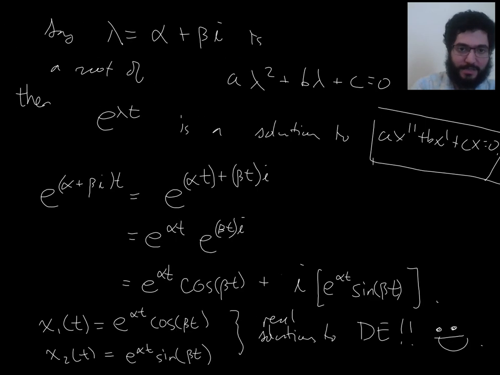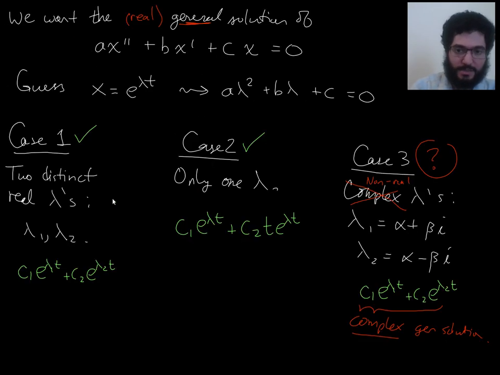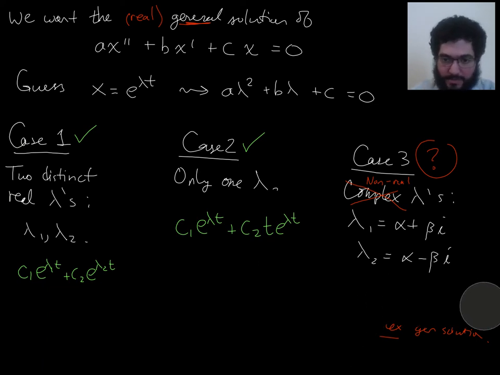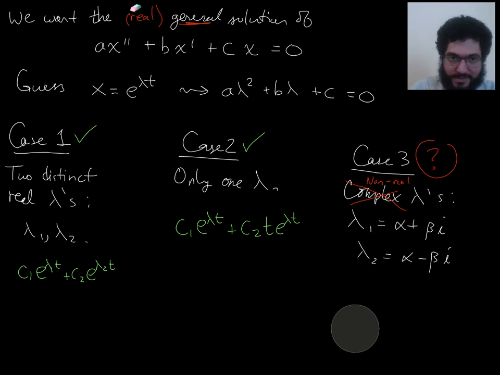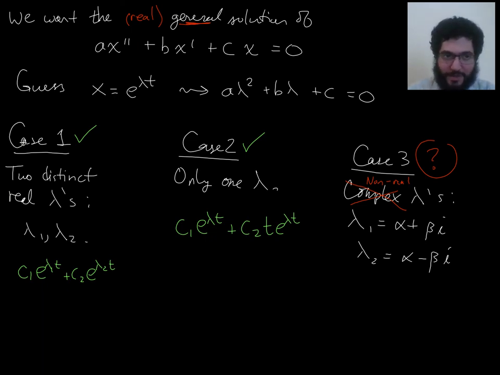Let's go back to that first page here. Initially, we said in case 3 we have this complex general solution, but let's kill that. We want a real general solution, right? We have now found it. It is C1 times some function plus C2 times another function.